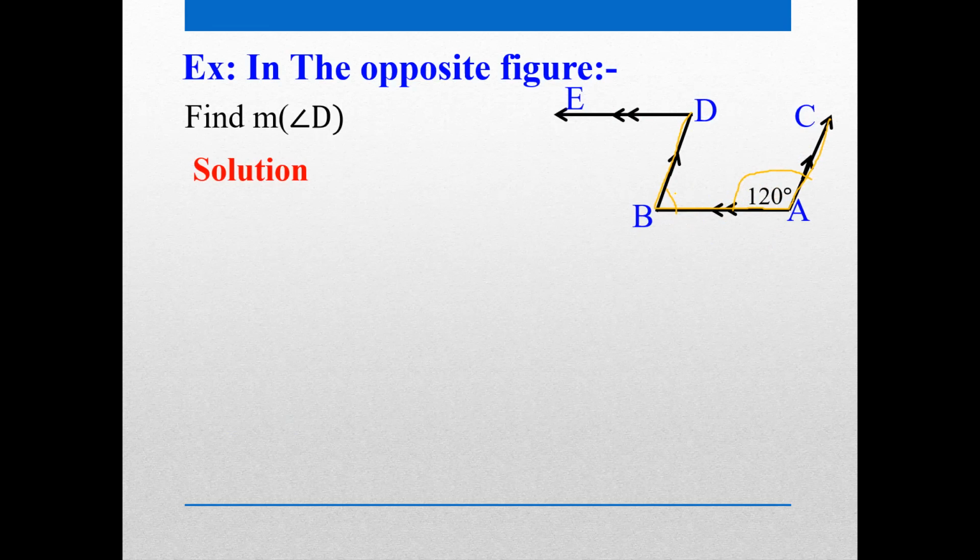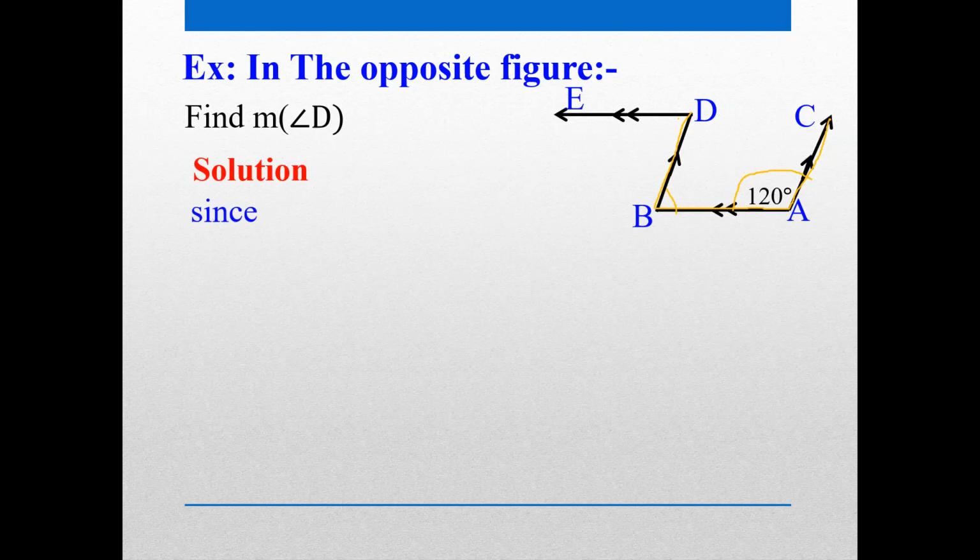So angle B equals 60 degrees. So we can find angle D. Angle D also will be 60 degrees because the two angles are alternate angles.